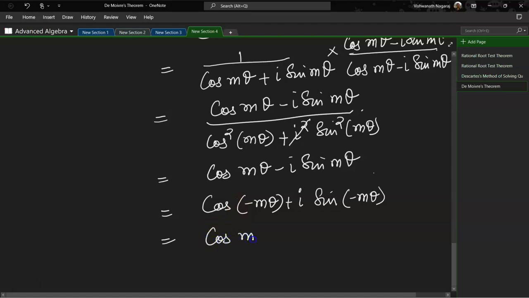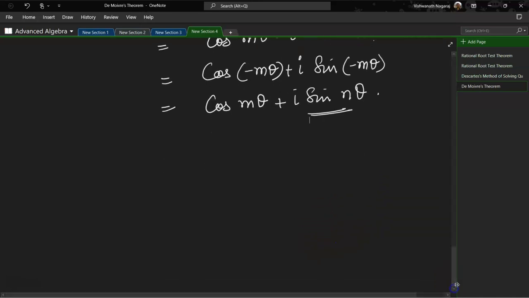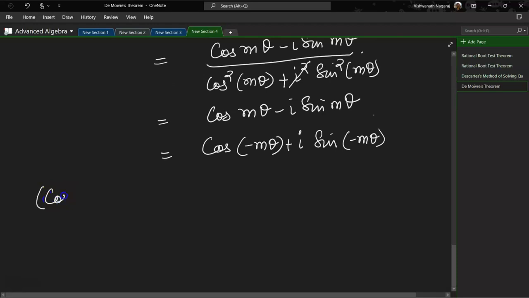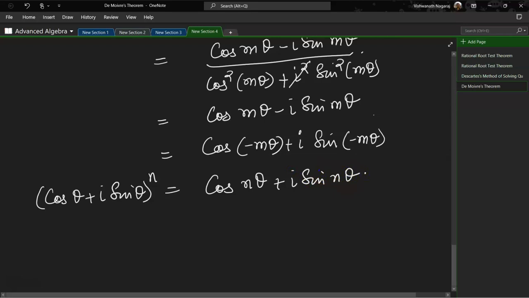So cos n theta plus i sin n theta. So again we get back the original statement of De Moivre's theorem. Finally we can say (cos theta plus i sin theta) to the power of n is equal to cos n theta plus i sin n theta. So we have proved this.